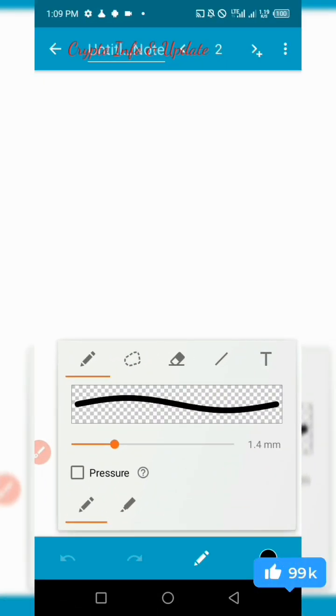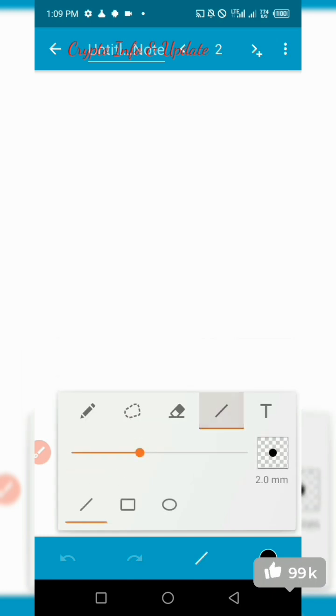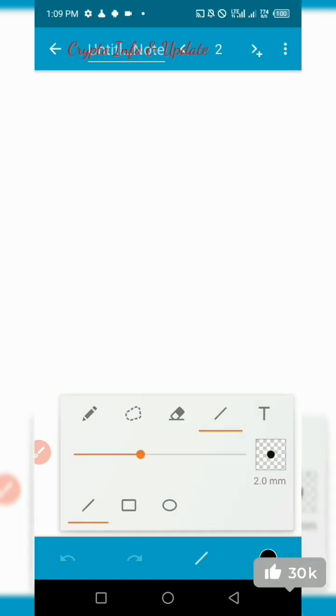Let's draw an uptrend. Let's say this is an uptrend, right? Okay, this is another uptrend.